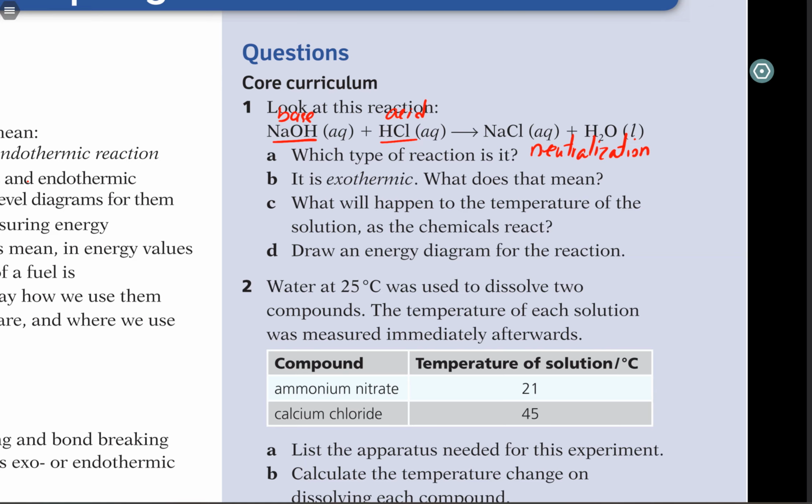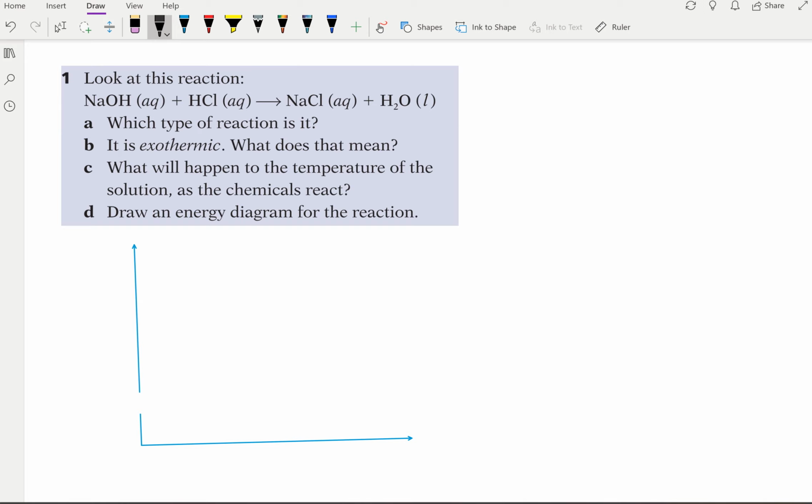Part D, draw an energy diagram of the reaction. In this reaction, we had two solutions. One of the solutions was NaOH and another solution was acid, hydrochloric acid, HCl.